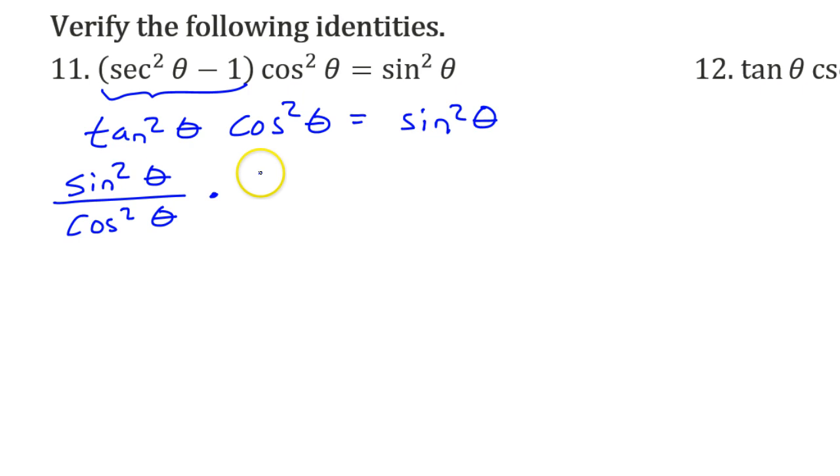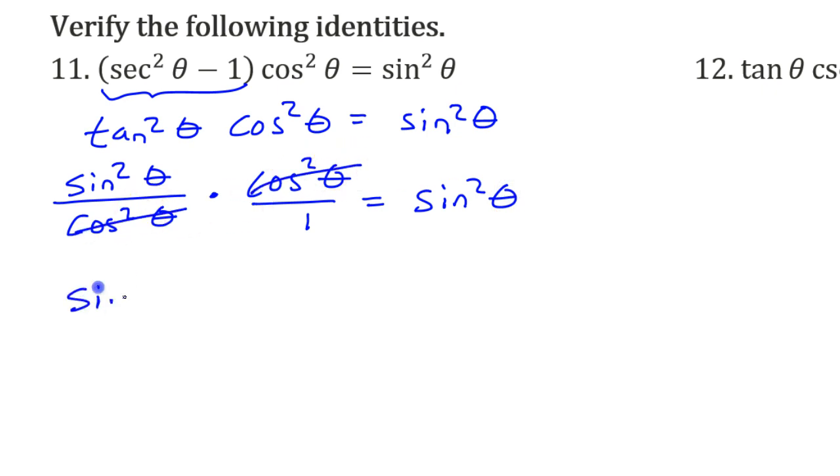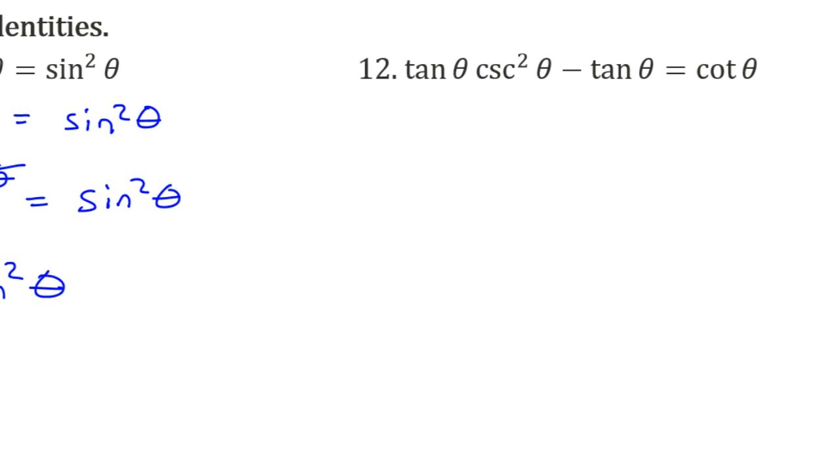All right, so that is times cosine squared theta over 1. And the cosine squared theta cancels out. So that just leaves you with sine squared theta equals sine squared theta. So there we have verified the identity.